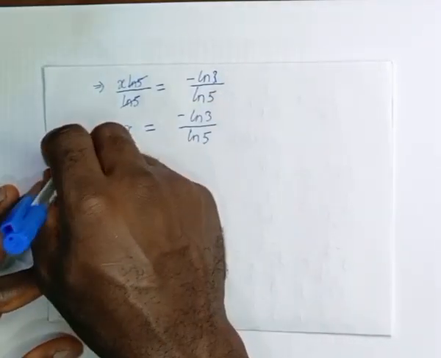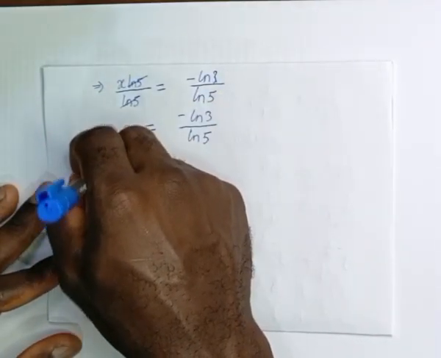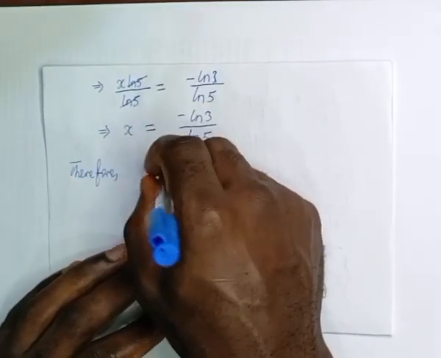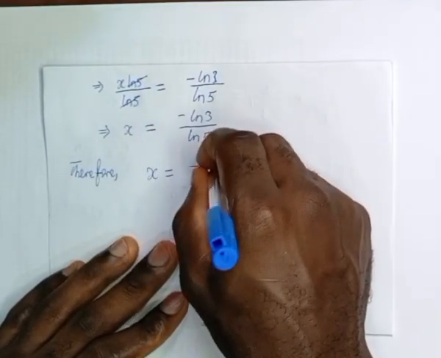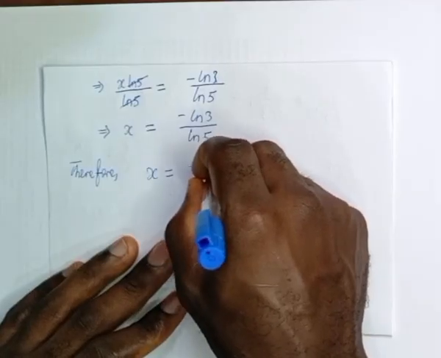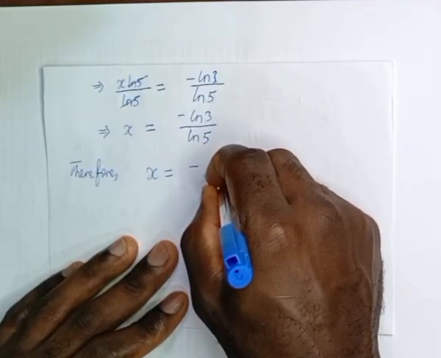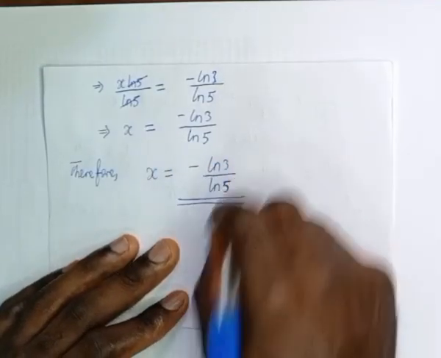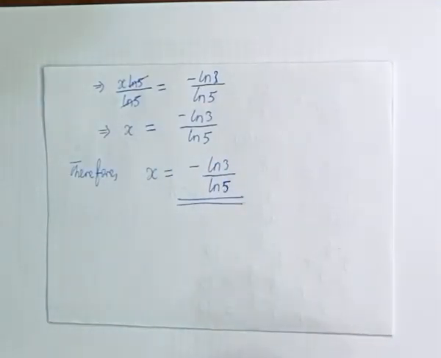We conclude, therefore, x is equal to negative ln 3 divided by ln 5. We underline the answer. We are done with the solution of this question.